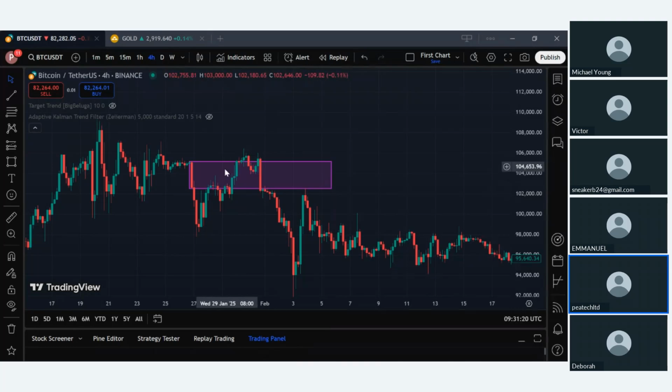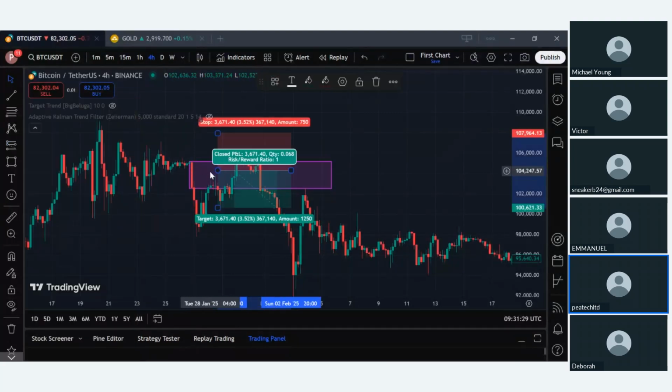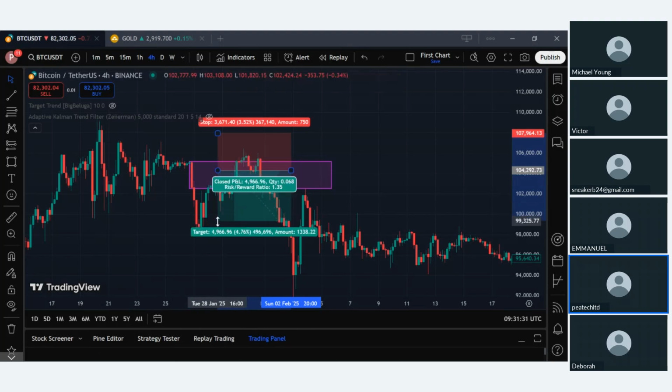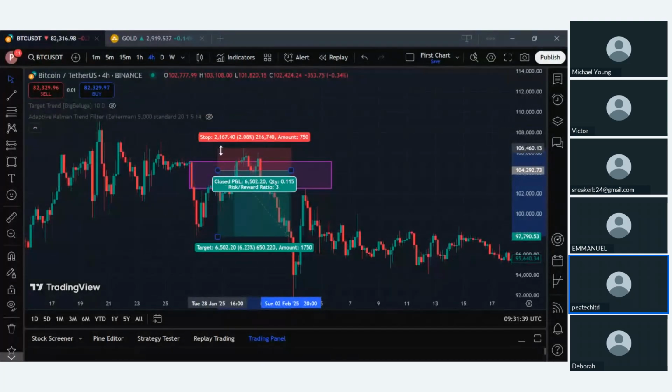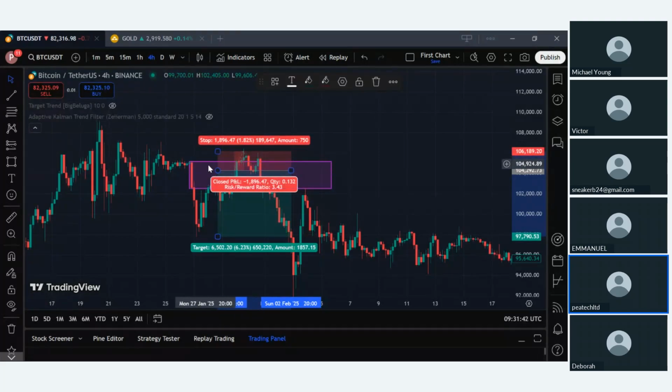When the market returns to it, you can see it did what is called a stop loss hunt. The reason the market always does this is that if your entry is around here and you take profit at the peak of this move, your stop loss is supposed to be above this candle.